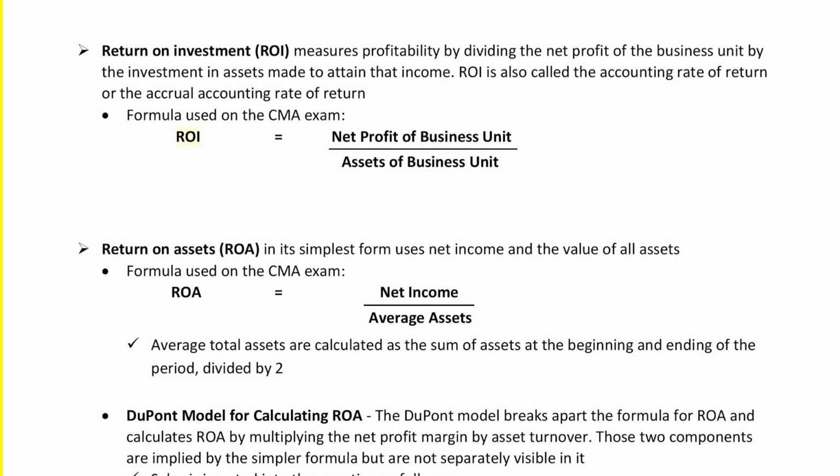Highlight ROI. That's return on investment. That's equal to the net profit of the business unit divided by assets of the business unit. Net profit equals return, and assets equals investment. So we are looking at ROI, or return, that's the numerator, on investment, which is the denominator.